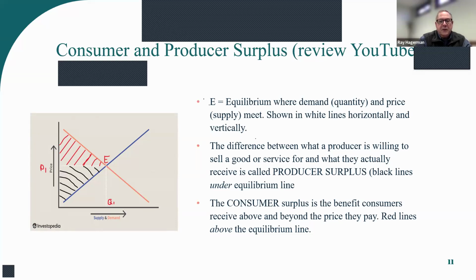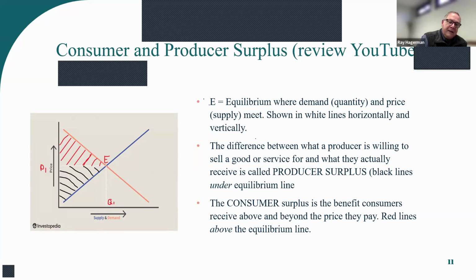So the difference between what the producer is willing to sell the good and service for and what they actually receive from the consumer is called the producer surplus. In other words, the producer is actually willing to sell that product at a lesser price, and that's shown in a graduated fashion on the blue line.